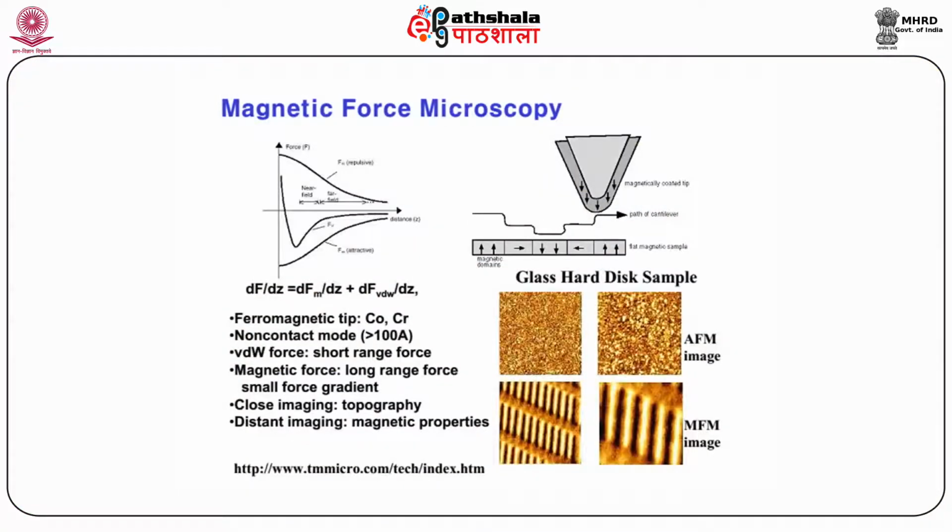Schematic diagram of magnetic force microscopy. It shows what way the glass hard disk samples look like. A graph has been given where ferromagnetic tip, non-contact mode, short range forces, magnetic force long range force measurement, close imaging, that is what way the topography moves.